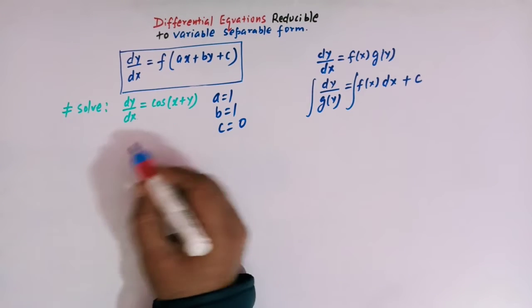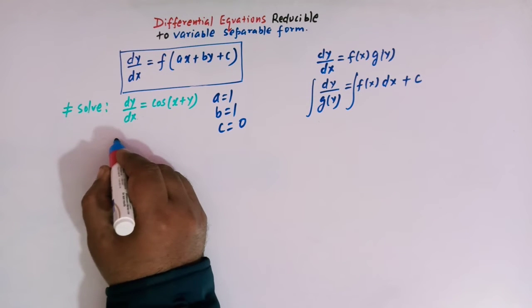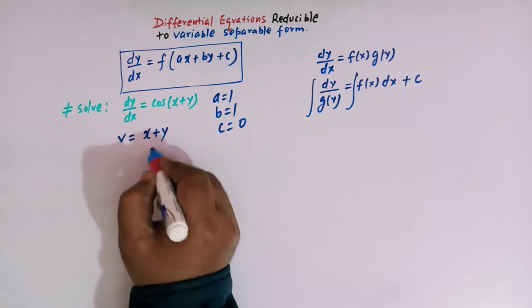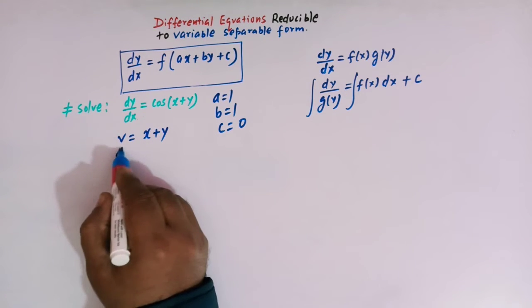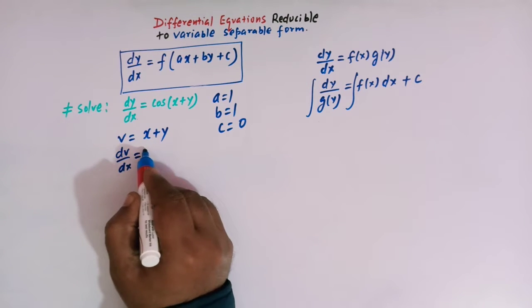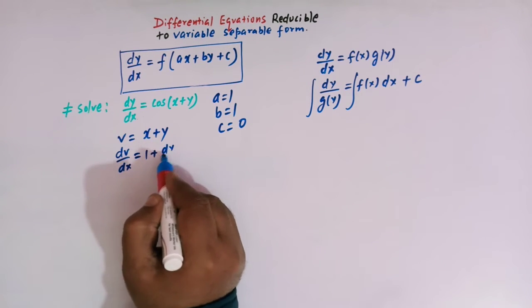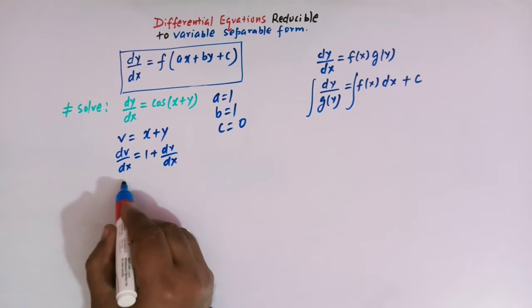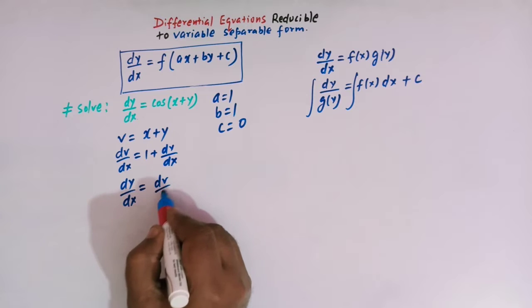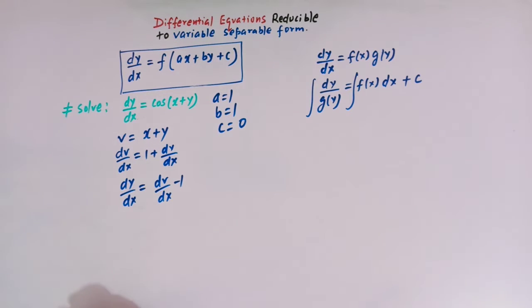Here again we'll take the substitution, that is v is equal to x plus y. Differentiating both sides with respect to x, we get dv over dx is equal to 1 plus dy over dx. So dy over dx can be written as dv over dx minus 1.